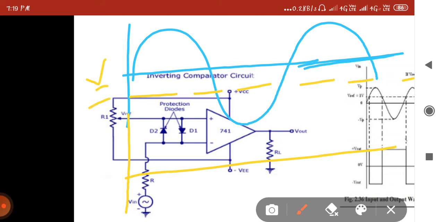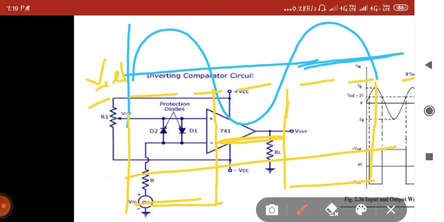Yes, in the positive cycle, always the negative comes.